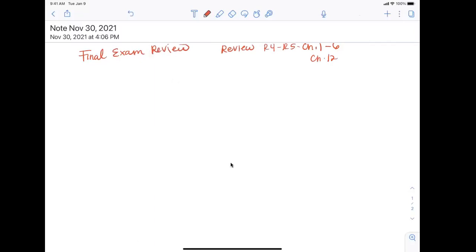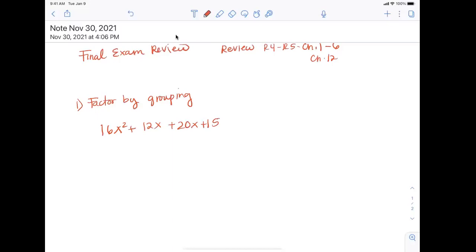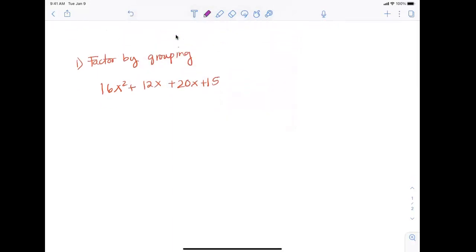Alrighty, let's get started. Number 1, factor by grouping. You want to factor it completely. So if you have 16x squared plus 12x plus 20x plus 15, how do you factor by grouping? Well, you know that there are 4 terms.